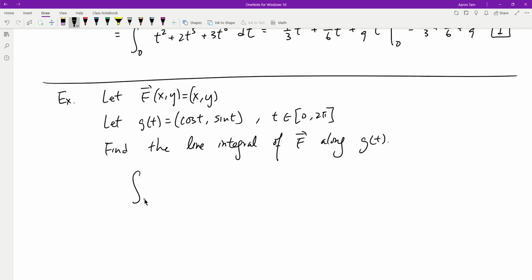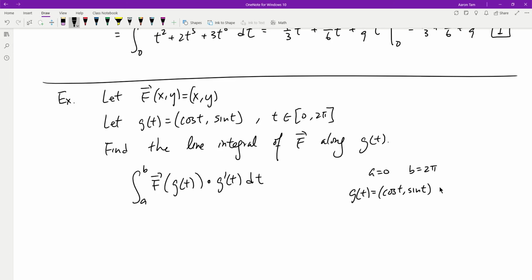So therefore, we'll have the integral from a to b of vector f of g of t dot product g prime of t dt. So let's find this. So a is 0, b is 2 pi. g of t is cosine t, sine t. So therefore g prime of t would come out to be negative sine t, cosine t.